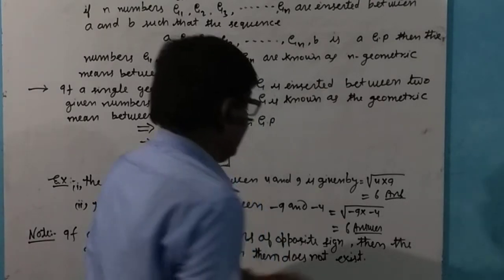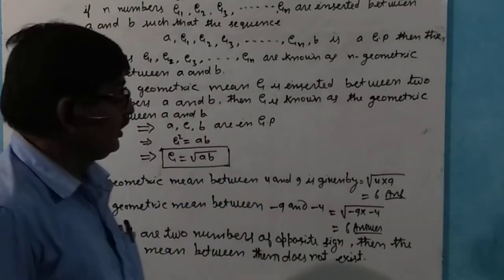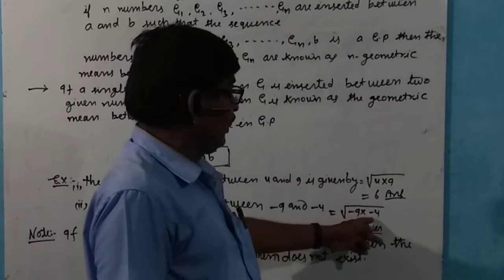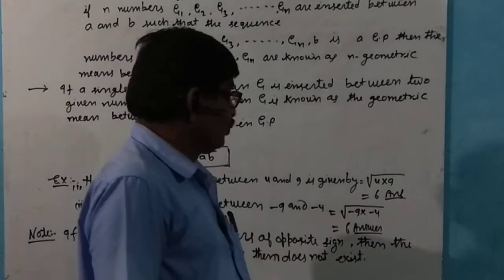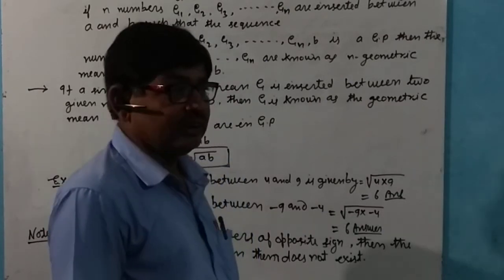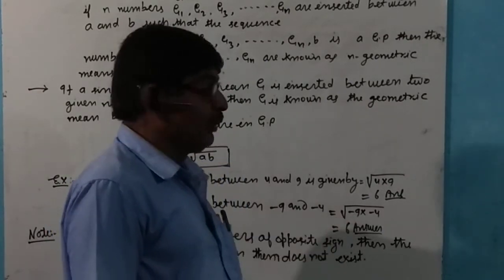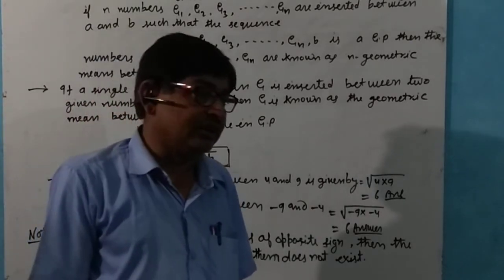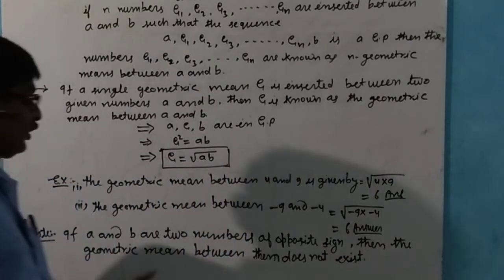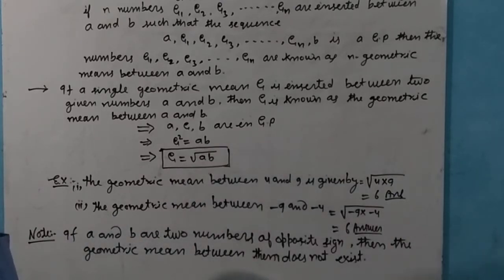This becomes an imaginary quantity, and the geometric mean does not exist.